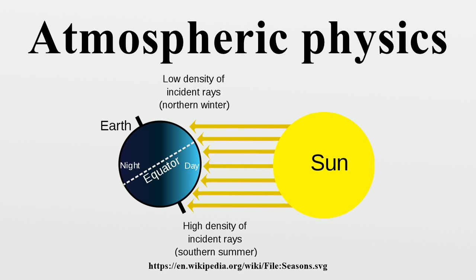Note that although solar heating is responsible for the largest amplitude atmospheric tides, the gravitational fields of the Sun and Moon also raise tides in the atmosphere, with the lunar gravitational atmospheric tidal effect being significantly greater than its solar counterpart.